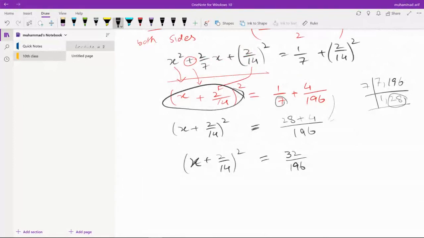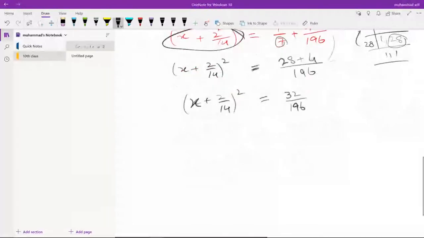LCM of 7 and 196 is 196 again. When we divide 196 by 7, we have 28, and 28 multiplied by 1 is 28. 196 divided by 196, we have 1. 1 multiplied by 4 is 4. By adding 28 plus 4, we have 32.